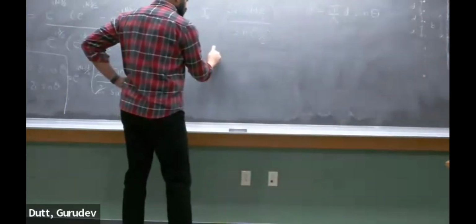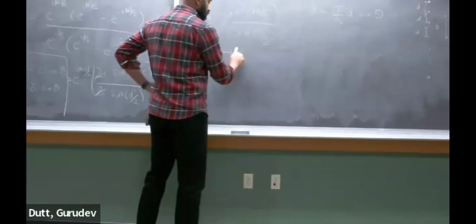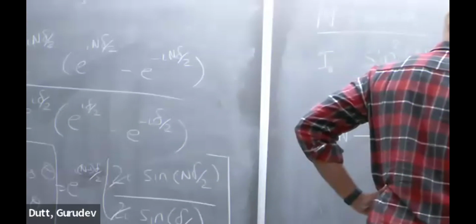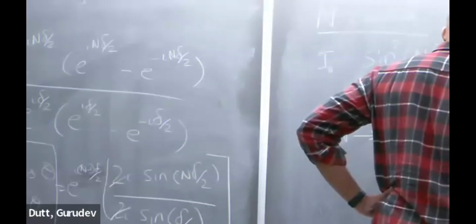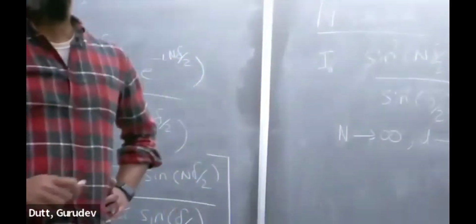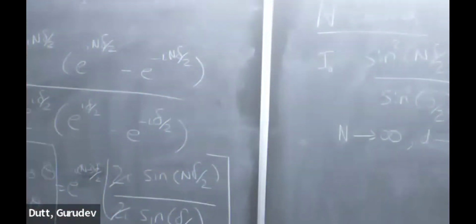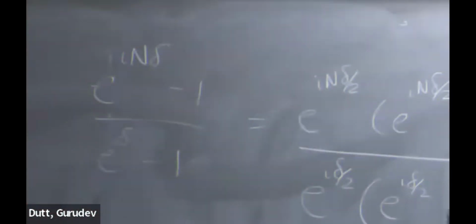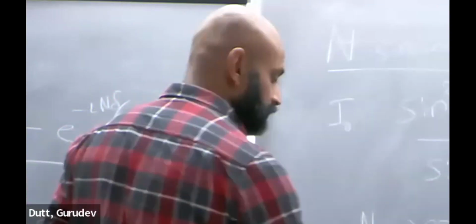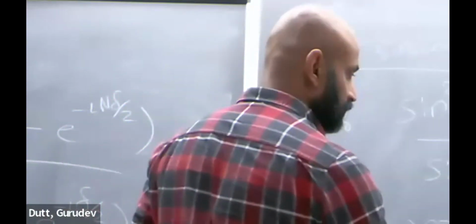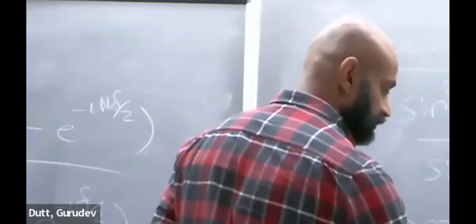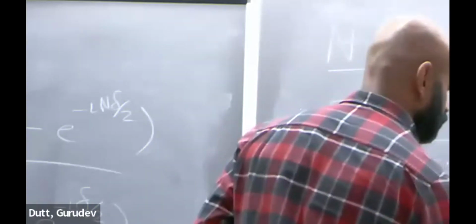Well, clearly, I can just set n going to infinity while d goes to 0, such that nd is equal to b. If I make that approximation such that n times d remains fixed while n goes to infinity, which means d must go to 0, I can then find the expression, and that is just I naught sine squared of n delta over 2 sine theta.